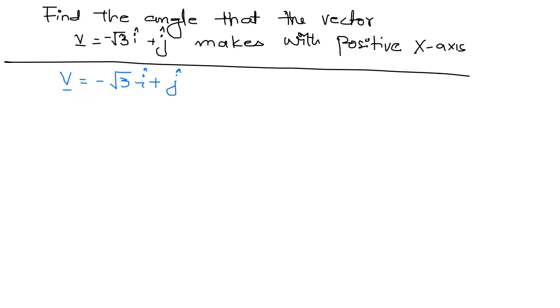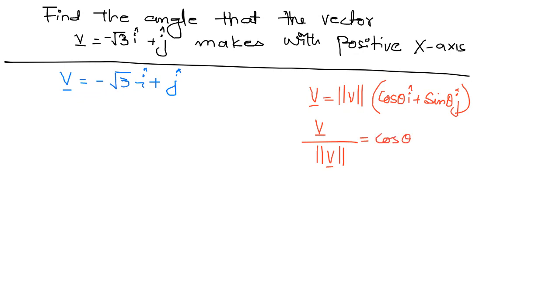For finding the angle, we use this formula: v is equal to mod of v into cosine of theta i plus sine of theta j. So you can also write this as v divided by mod of v is equal to cosine of theta i plus sine of theta j.